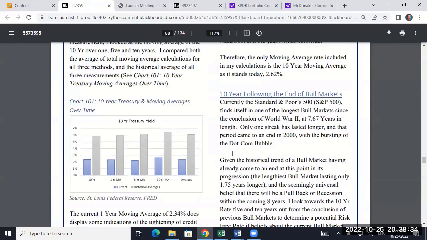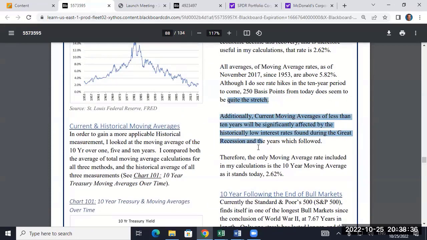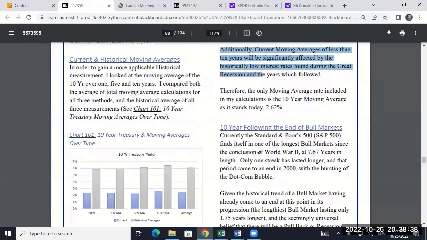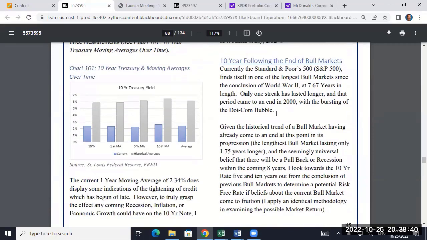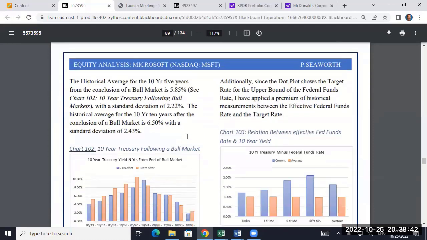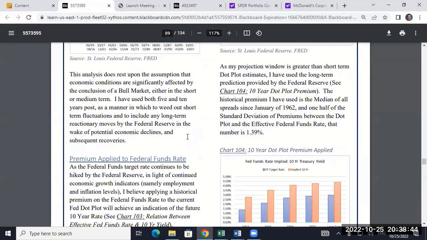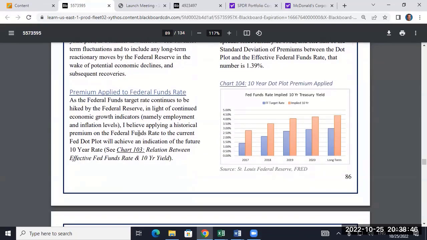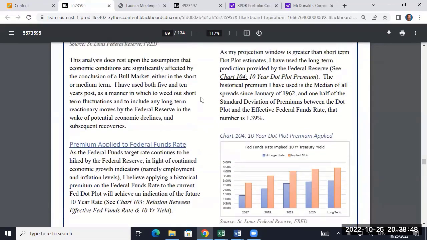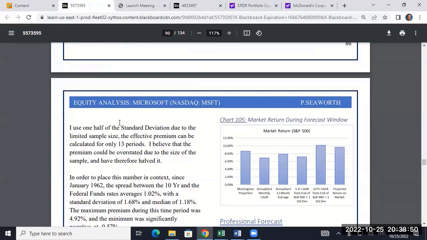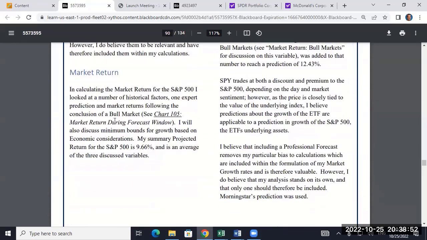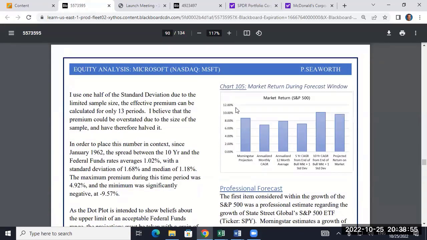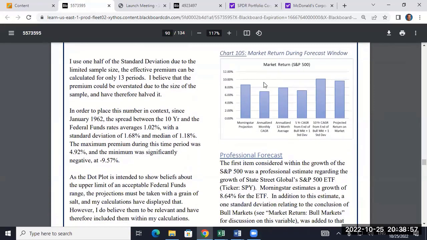Yeah, he went on more and more. Don't get intimidated by his paper. He went a little overboard because of what was going on. Yeah, there he has more on the 10-year. You can see why his paper is 134 pages long. So yeah, he's still talking about the 10-year. All right, then he gets to the market. He actually went out and looked at some surveys.